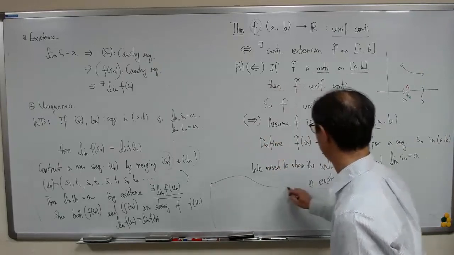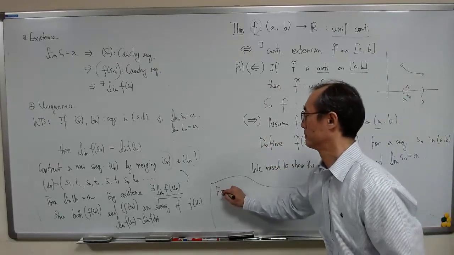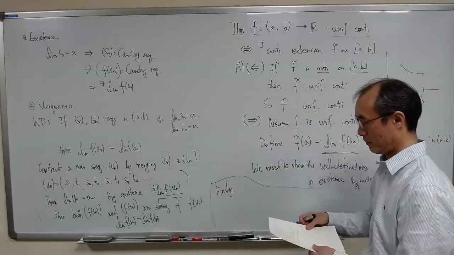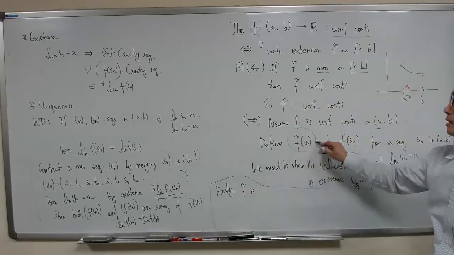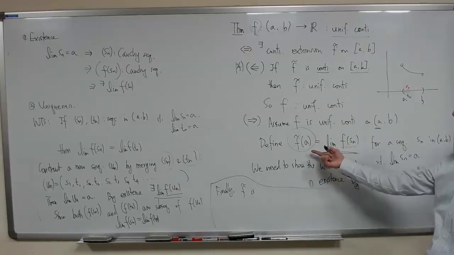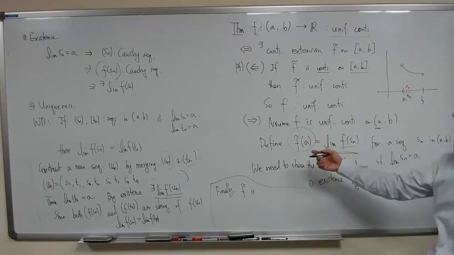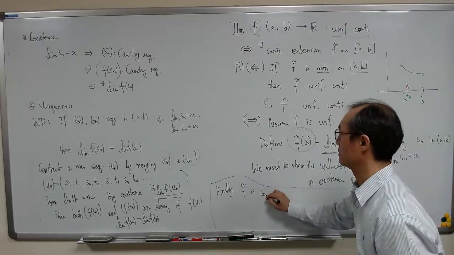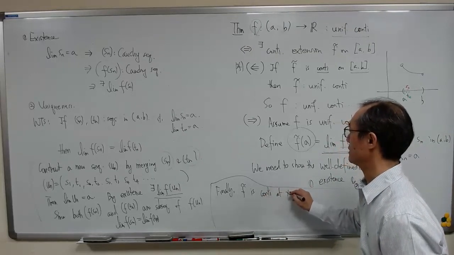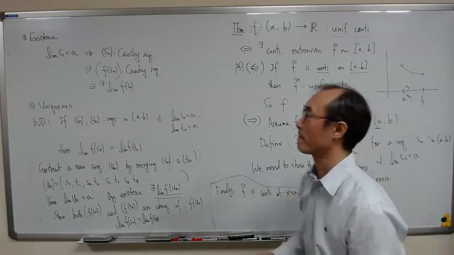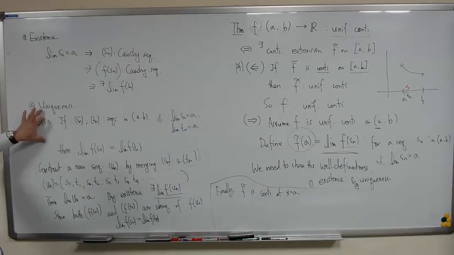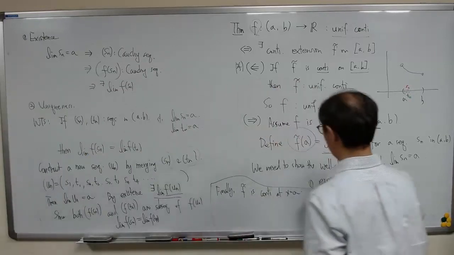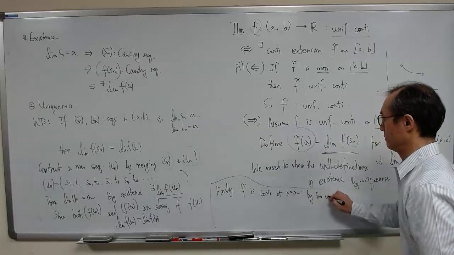Finally, this f tilde I defined by using the extension like this is now continuous. Okay. This continuity is actually derived from the uniqueness.